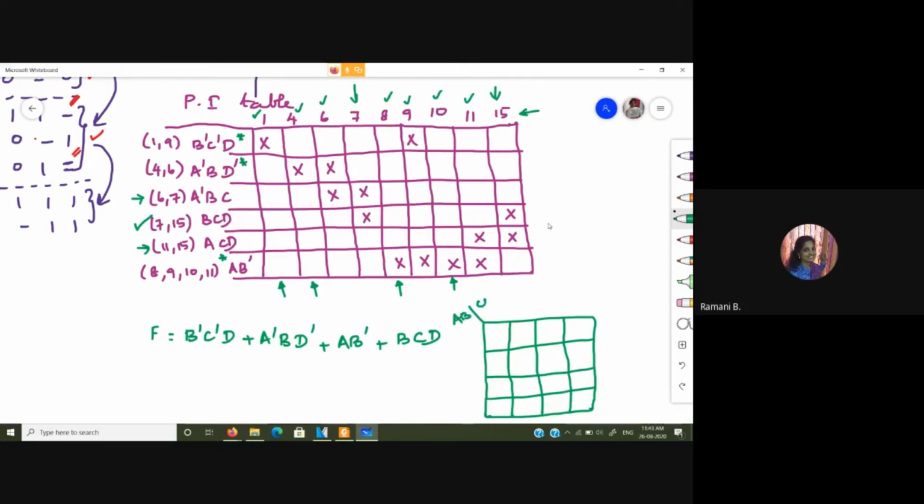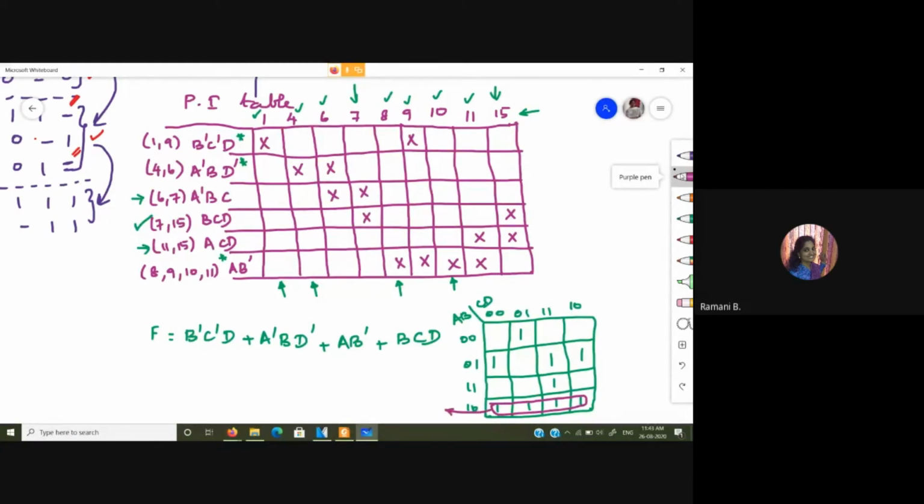With K-map, we know A, B, C, D, 0, 0, 0, 1, 1, 1 and 1, 0, 0, 0, 0, 1, 1, 1 and 1, 0. So I have 1, 4, 6, 7, 8, 9, 10, 11 and 15. This is what we are having. So now forming the grouping. You can observe a quad over here.